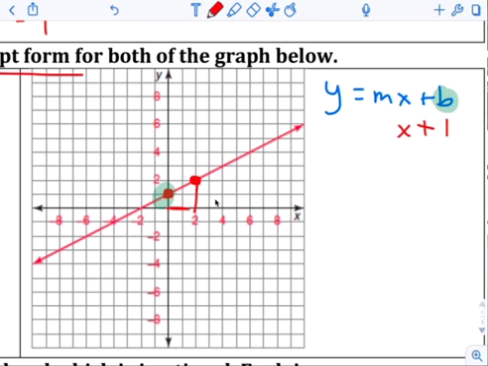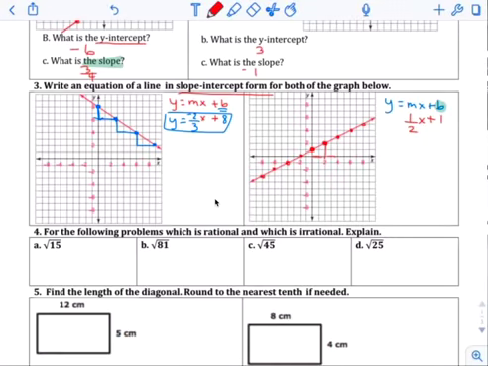Every 2. See that? So you go up 1 over 2, up 1 over 2, up 1 over 2. There we go. Y equals.